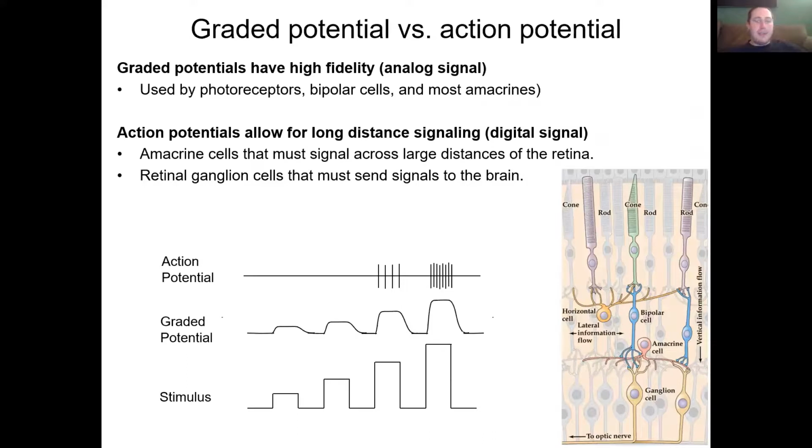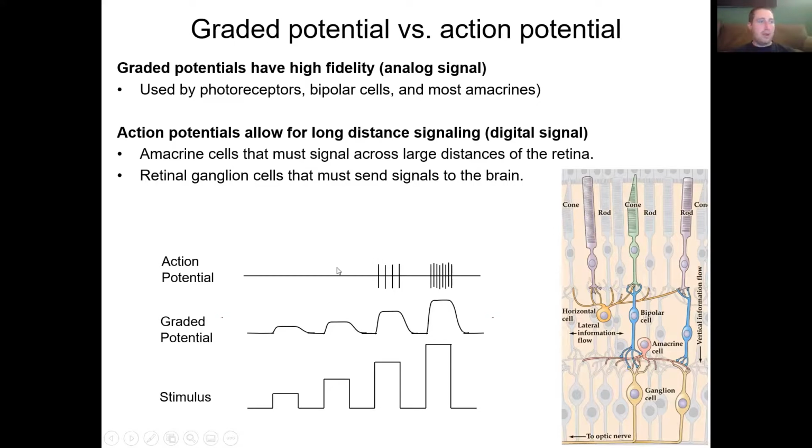And then the last thing I wanted to talk about for this lecture is graded potentials versus action potentials. So most of your brain uses action potentials, but actually most of the retina uses graded potentials. And there's a good reason for it, because graded potentials have high fidelity. They're an analog signal.